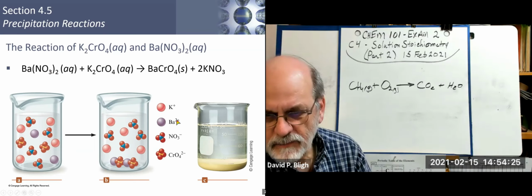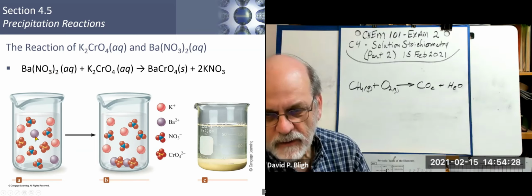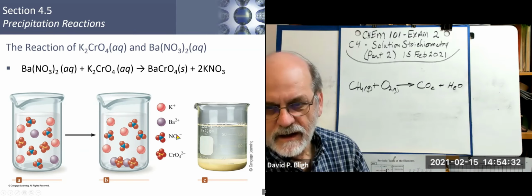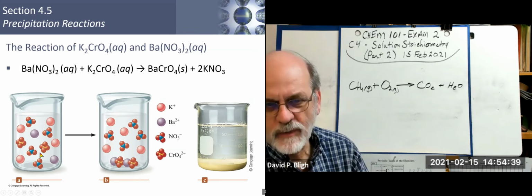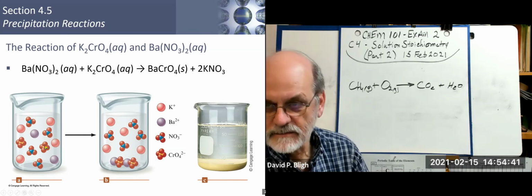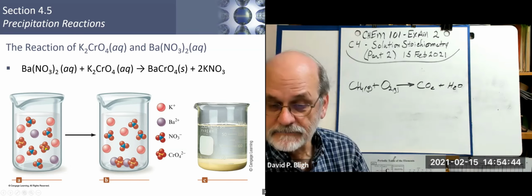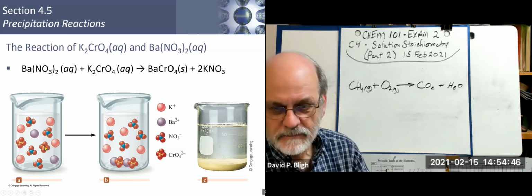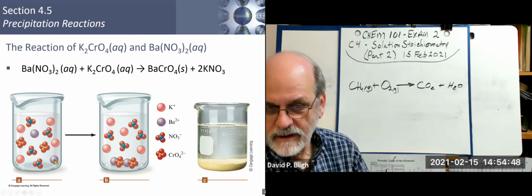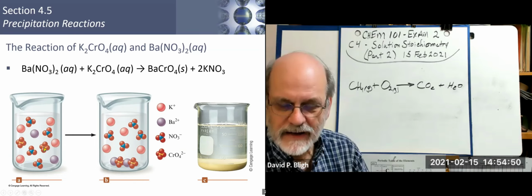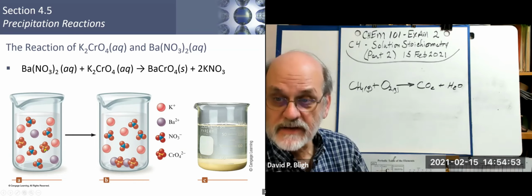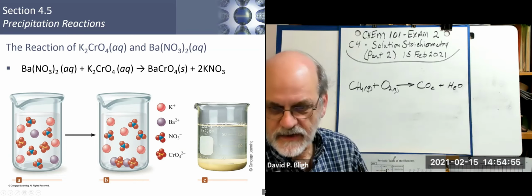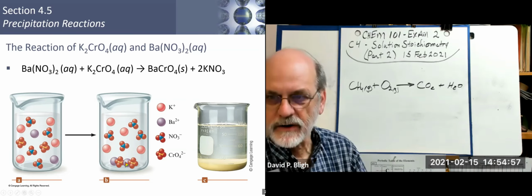Let's see, barium is the purple, potassium is the red, nitrate is this 4-atom combination, and chromate is this 5-atom polyatomic ion. Now what happens? Well, the barium combines with the chromate and becomes insoluble. So that's why it's down here on the bottom of the beaker.